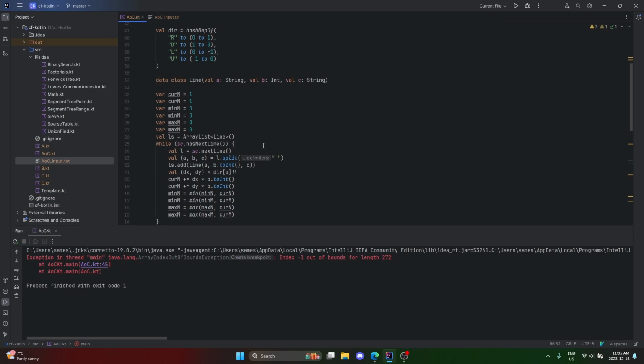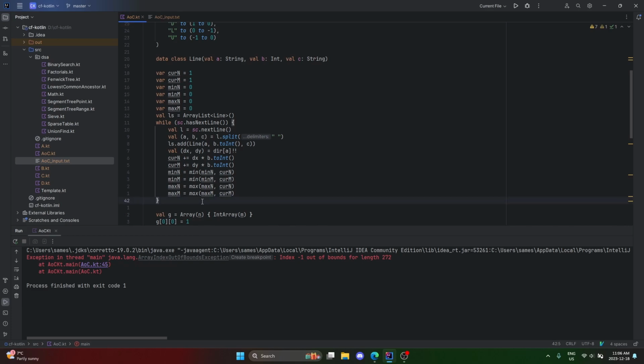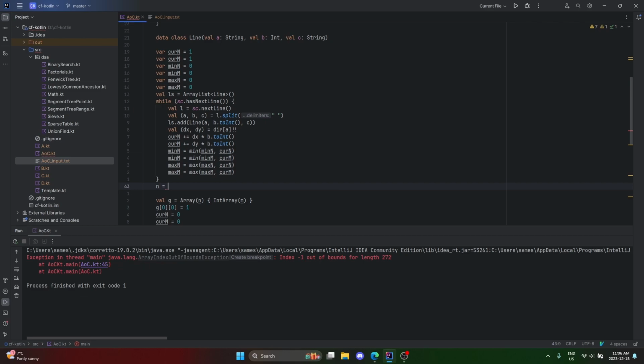So, or actually, I can make this work. I can make it work. So n is equal to max n plus negative min n plus 1.